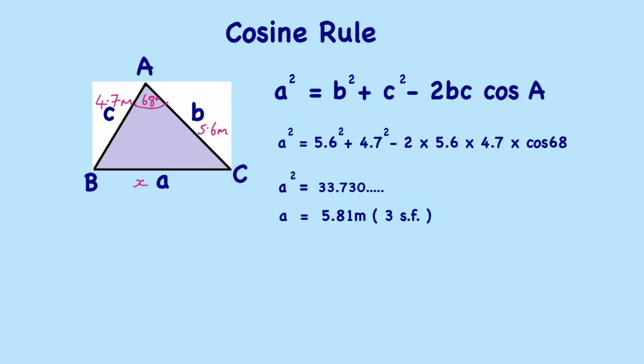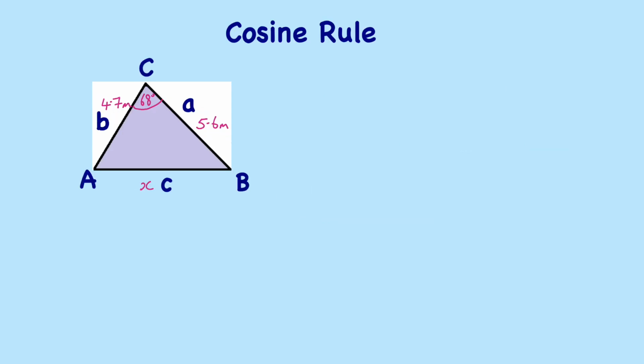If, however, the triangle was labelled differently, for example, we had it as triangle ACB, so this time it means that we're finding side C, not side A. We could either relabel the triangle and relabel this as side A, or alternatively, we could rewrite the formula.